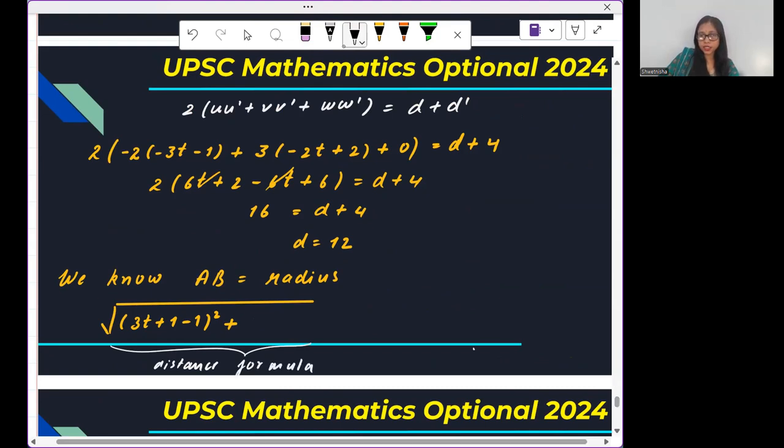And on that side I'll apply the formula of the radius, square root of u square plus v square plus w square minus d.